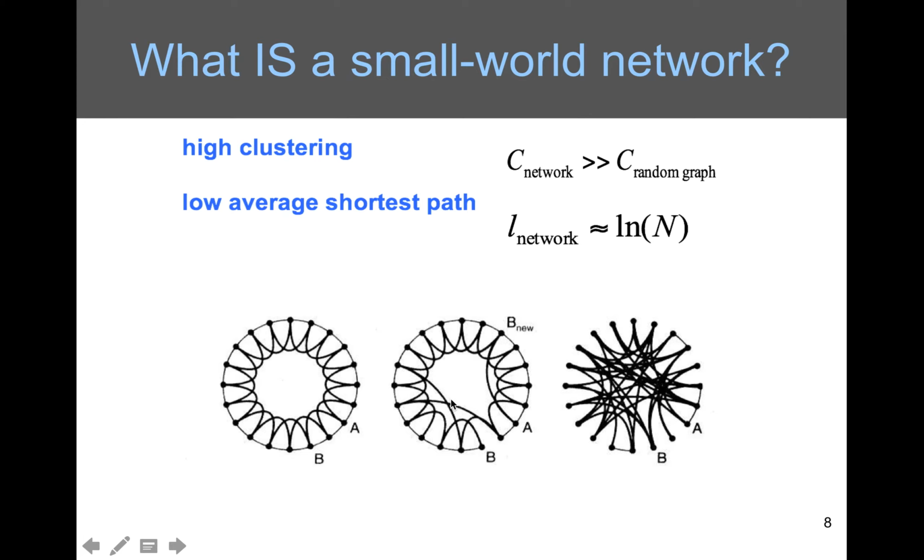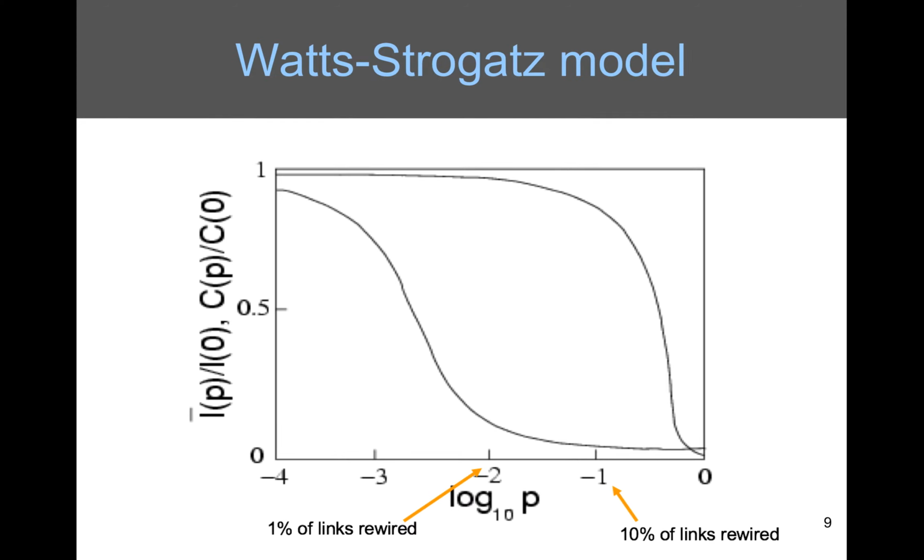And what is interesting was they did this rewiring in different levels. So on the x-axis here is the number of links that have been rewired, and this graph here is on a log scale. So you have to think about it from the viewpoint of taking 10 to the power of these values here. On the y-axis there are two plots being shown.